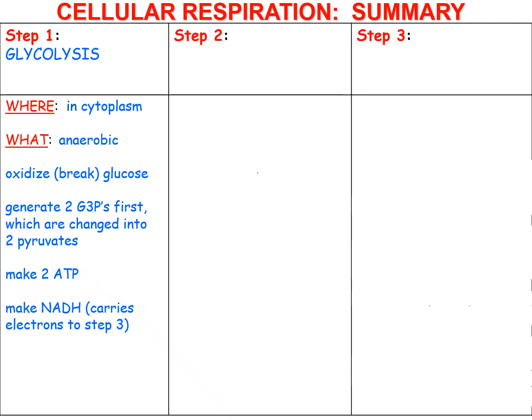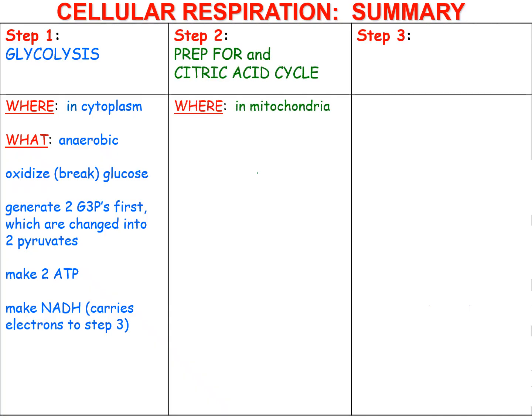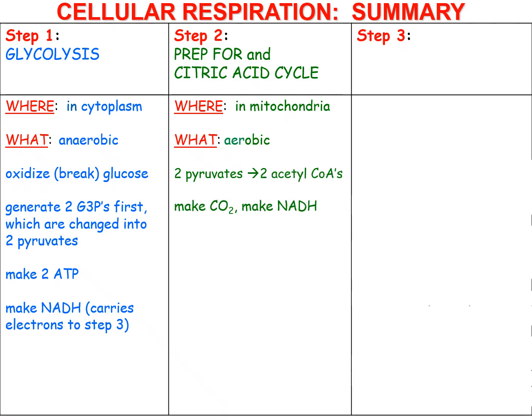Now step 2 is the prep for the citric acid cycle. It takes place in the mitochondria and it is aerobic. 2 pyruvates are changed into acetyl-CoA.